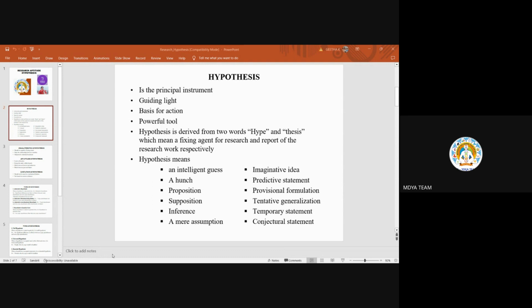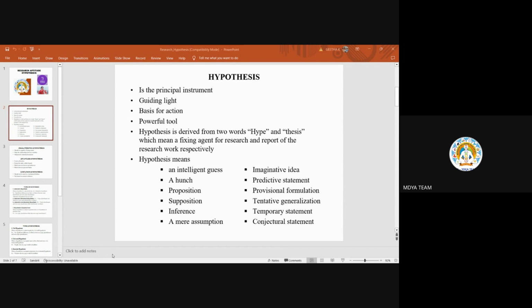So it is an imaginative idea, and you are going to give a predictive statement. The predictive statement is not an unimaginable assurance or things that are not practically possible. Sorry to compare, this is election time, generally politicians give assurances which are practically not going to be executed after the election, right?